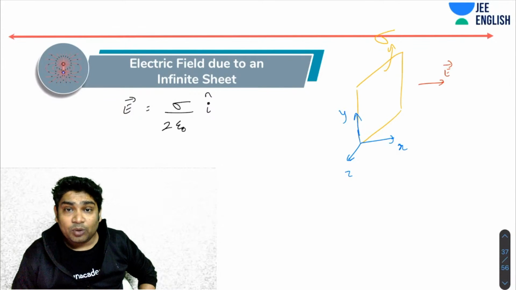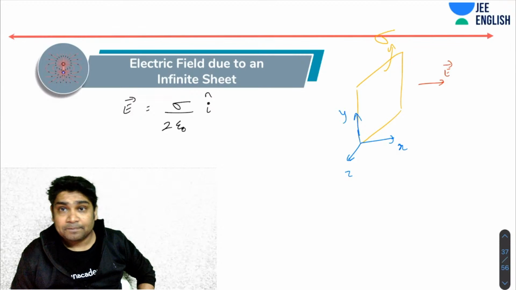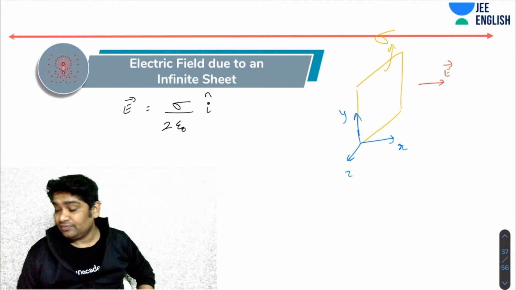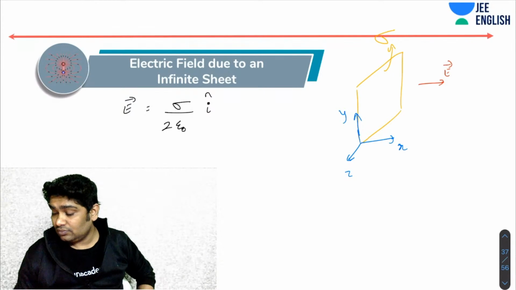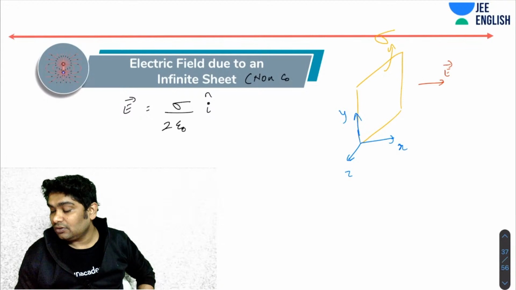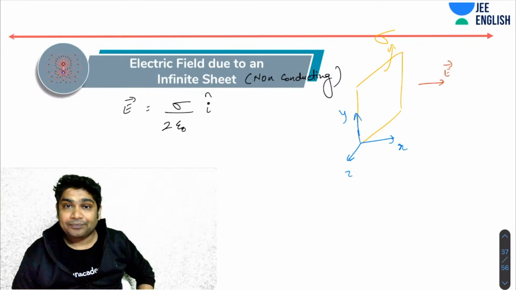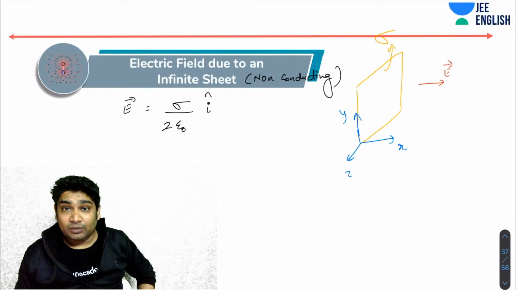Again, put sigma with proper sign. For a non-conducting infinite sheet, this is the field. Again, remember these formulae, very, very important.